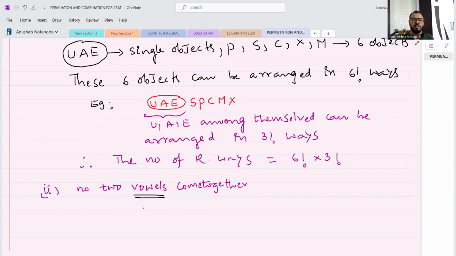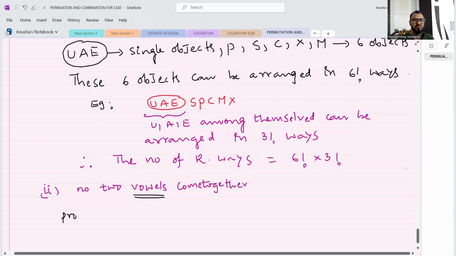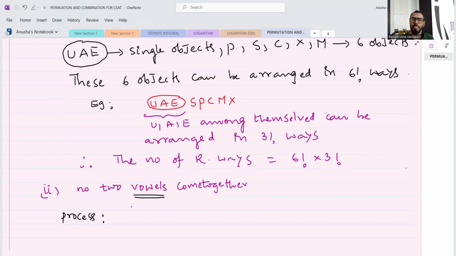So what is the process? Here the process is: exclude vowels and arrange the remaining objects.